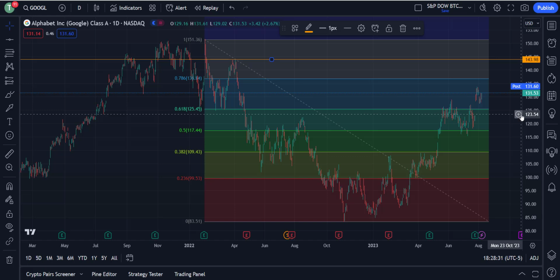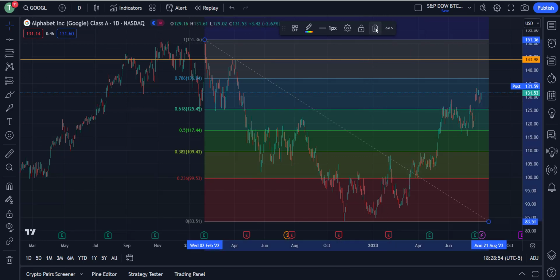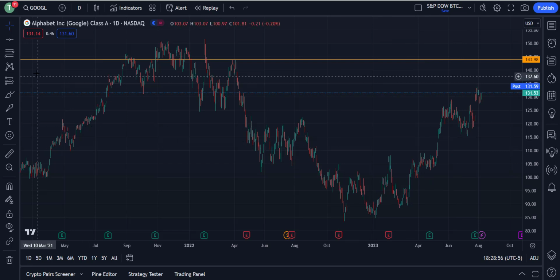We could see a 10% move, and if we get there, I would expect us to retest this high of 151. So I am still bullish Google, Alphabet, and we could see, especially post earnings, they had a nice little jump there. And if this all continues, I fully expect us to retest the more recent highs.